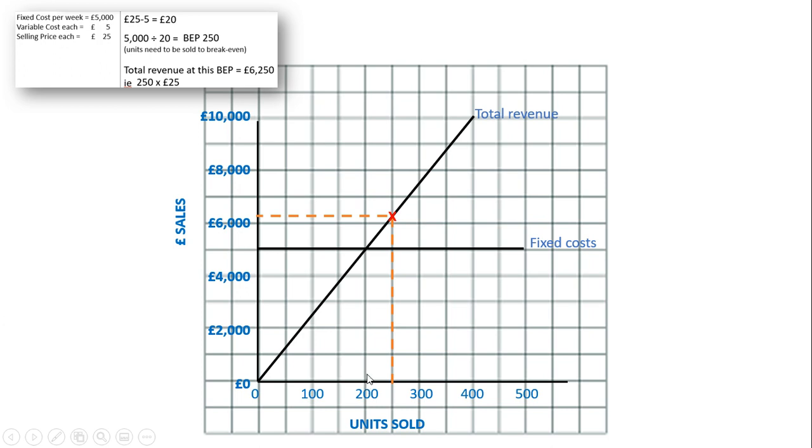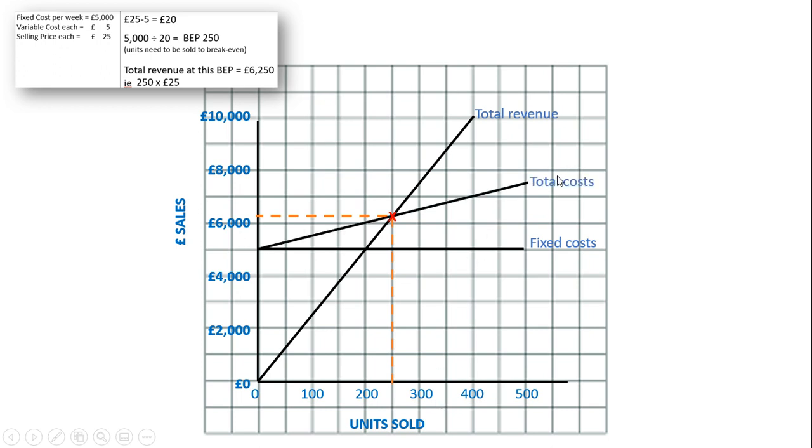So if I go up from 200 units sold, I know that I've made £5,000. If I go up from the 350 and go across, I know that I've made roughly about 8,750, something like that. Okay, that's the purpose of that.